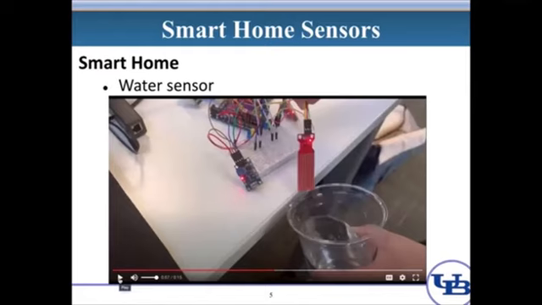The sensor's trace has a weak pull-up resistor of 1 megaohm. The resistor will pull the sensor trace value high until a drop of water shorts the sensor trace to the grounded trace. So, in the middle of testing, we found there are lots of errors.